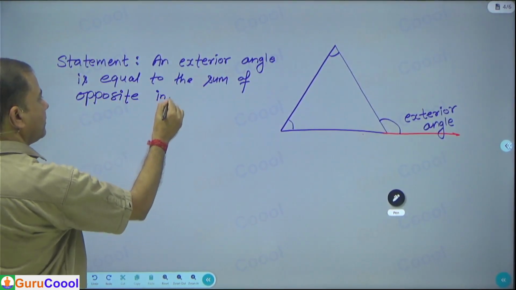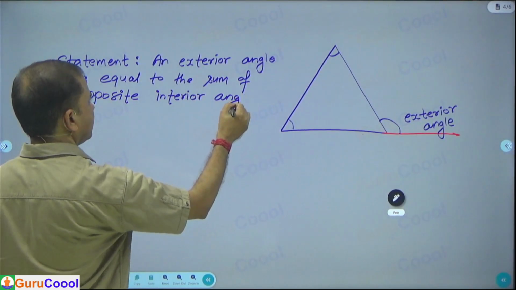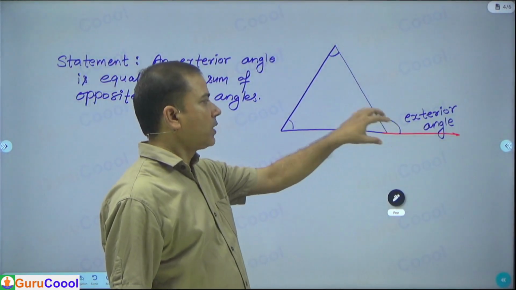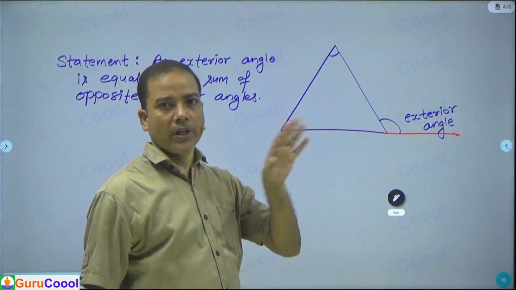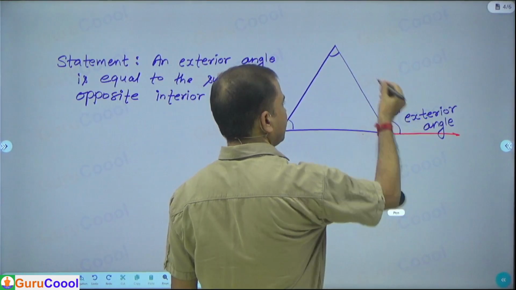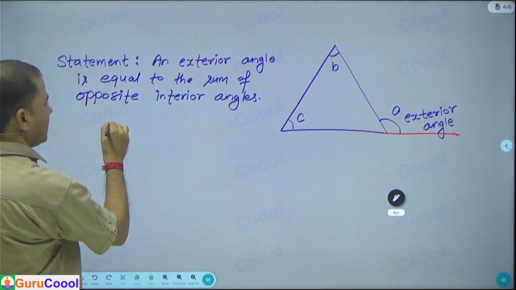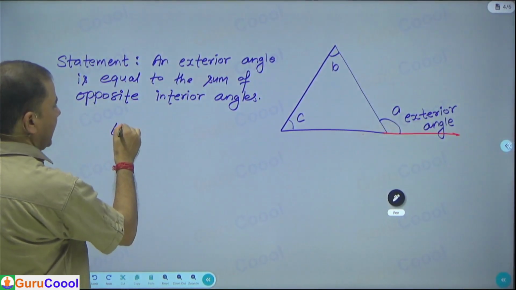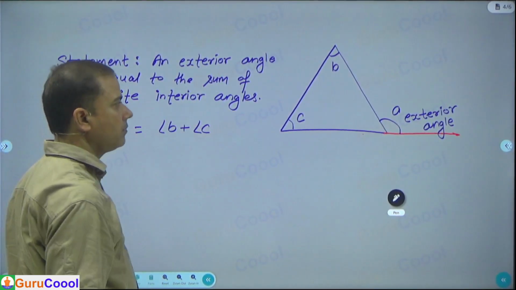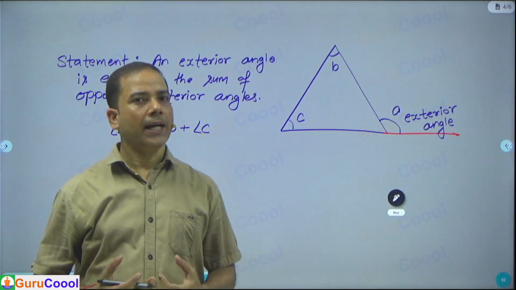So this angle is equal to the sum of these two opposite interior angles. Let us call this one angle A, this one angle B, and this one angle C. So angle A is equal to angle B plus angle C. I hope you understood the exterior angle property.